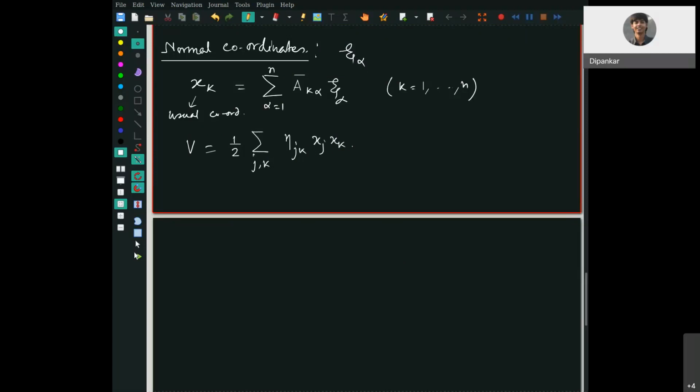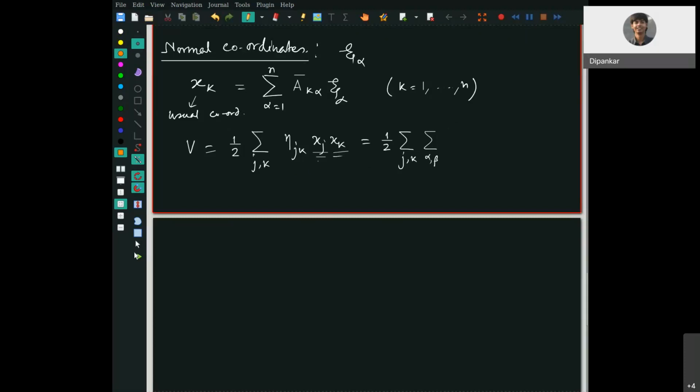And that should be equal to half summation over jk, and there will be two summations, one over alpha and beta, because xj and xk would be replaced using this. So let me write it down first.